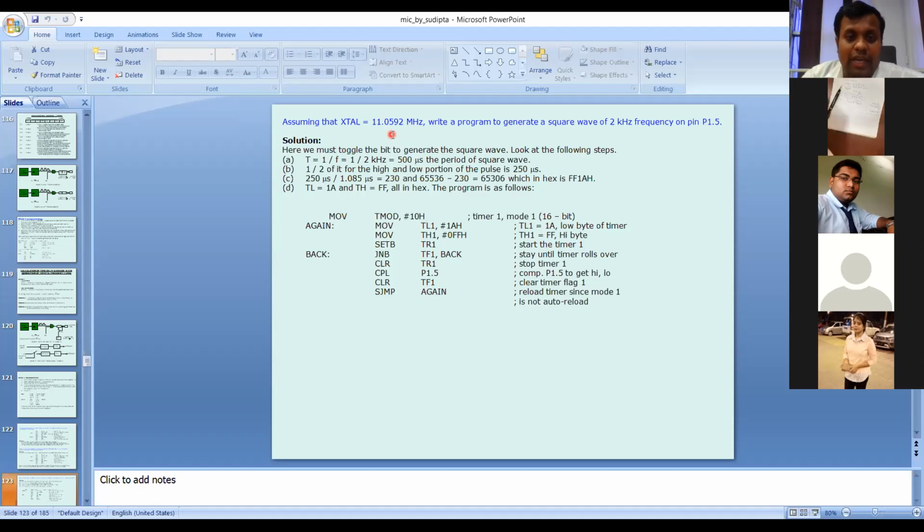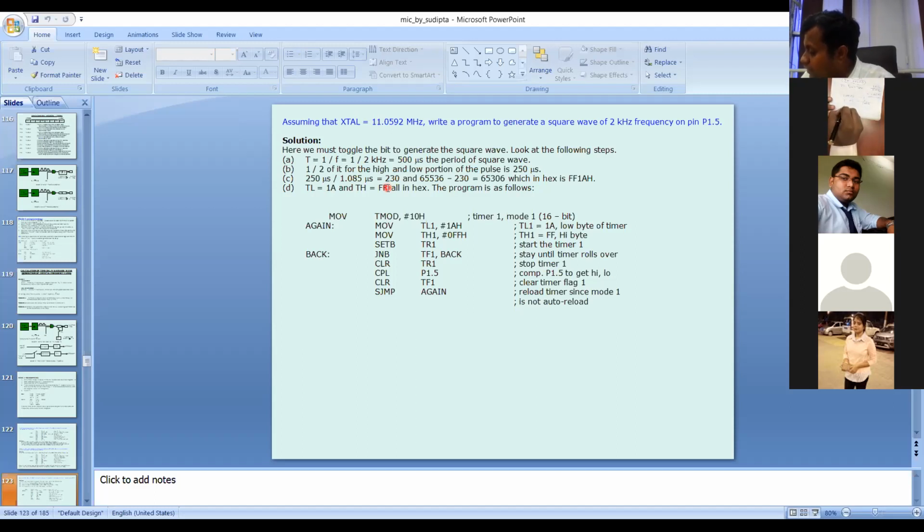This is in microseconds, and 250 is also in microseconds. Then how many machine cycles are required? That is 250 by 1.085, which is equal to 230 machine cycles. Not clear? One machine cycle requires 1.085 microseconds.